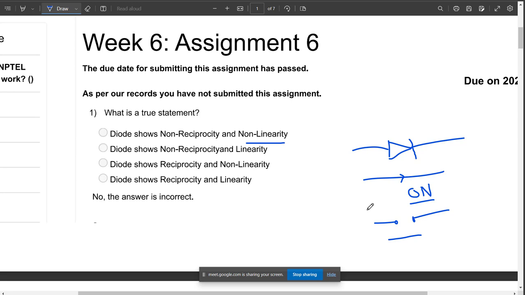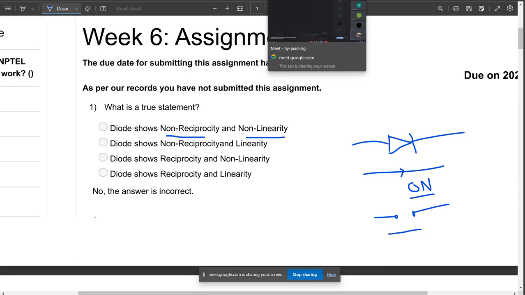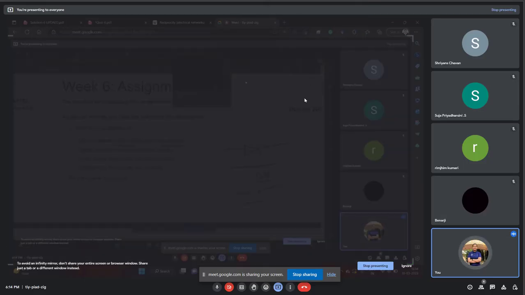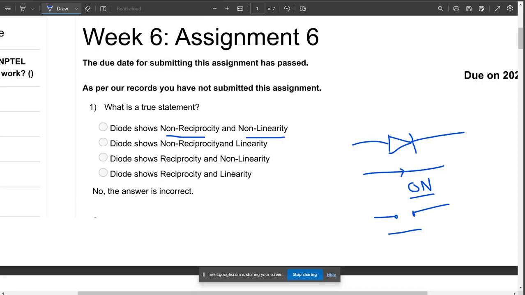So it is non-linear. Another thing, about reciprocity. Hello, am I audible to everyone? Yes, audible. Okay.